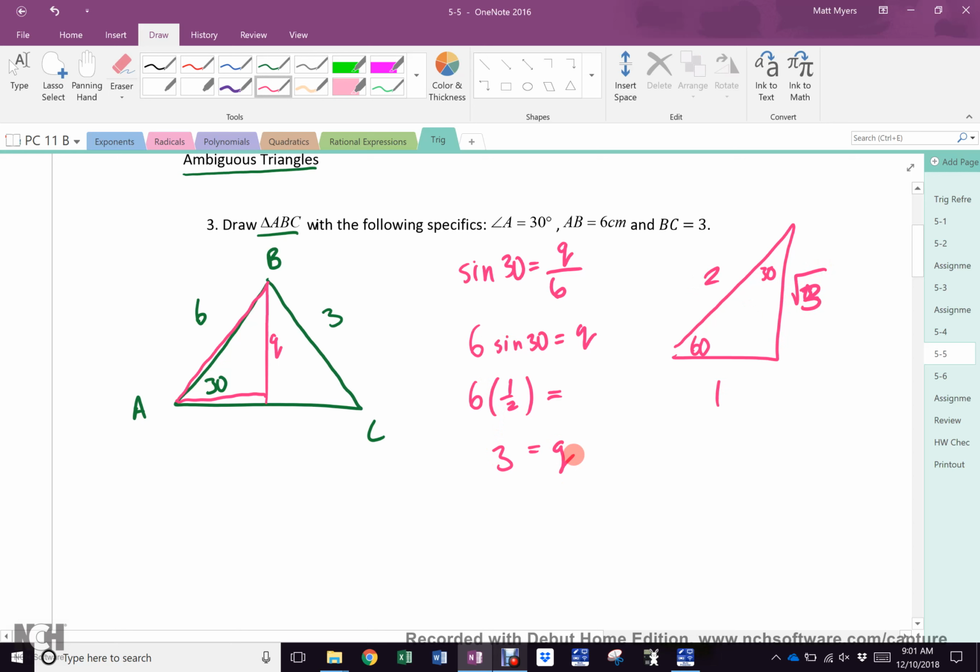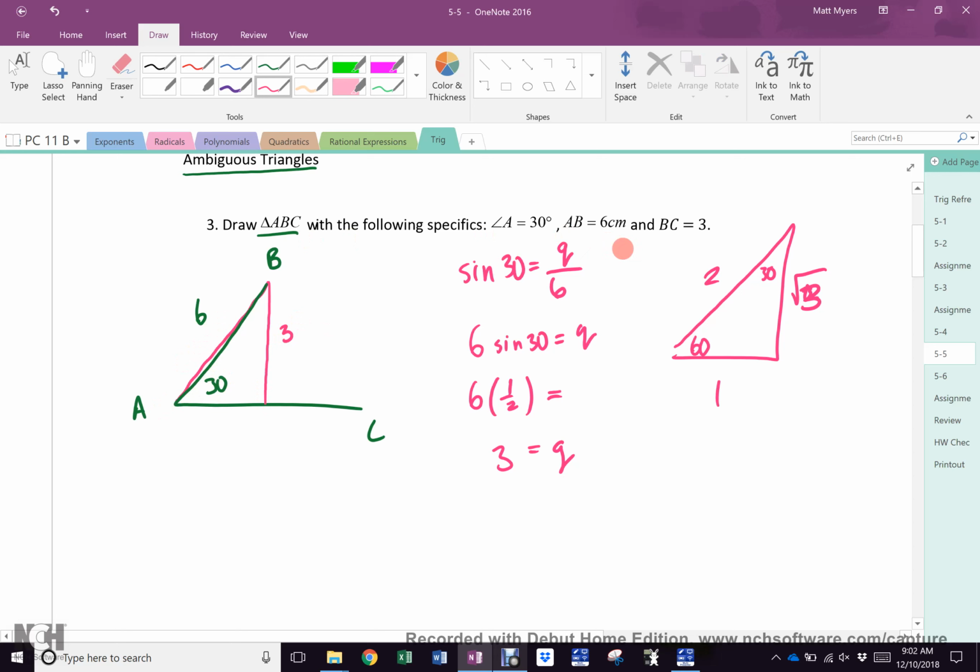Now, look at what happens here. I've told you that this side has to be 3, correct? Everybody with me? Now, really, what we drew was this. We only knew this 30 part, didn't we? It's the only thing we knew, right? So this Q line here has to be 3, according to this, correct? And what else do we know?